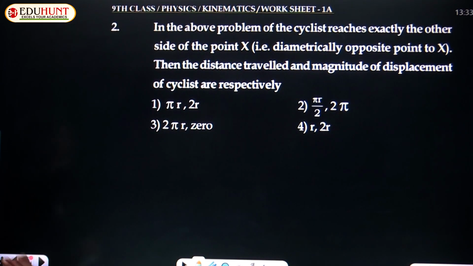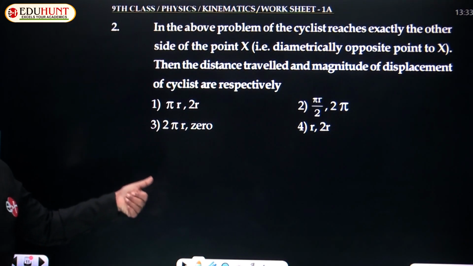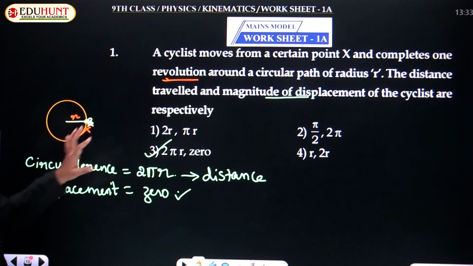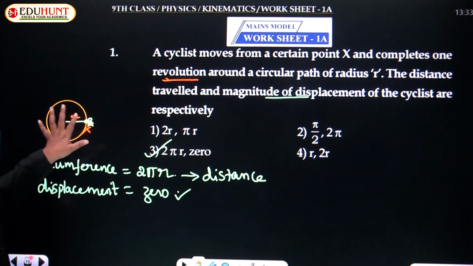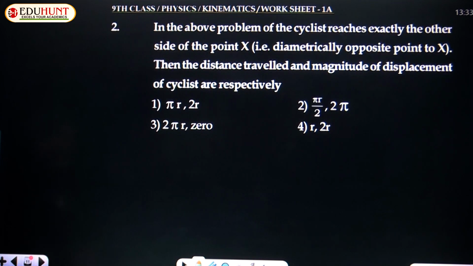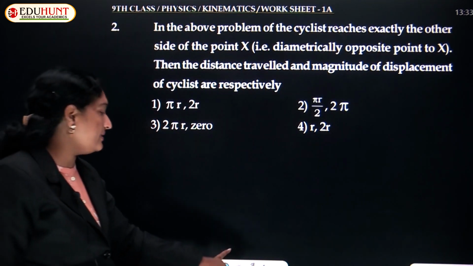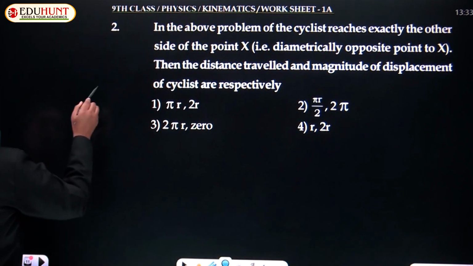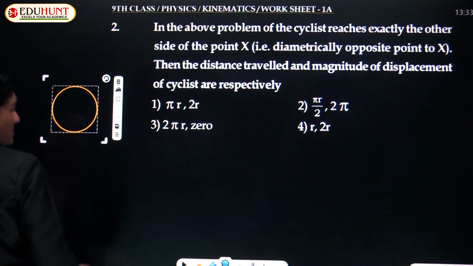Moving ahead with the next question, second one: in the above problem. So the next question is also related to the same problem, person revolving in a circle. The cyclist reaches exactly the other side of the point X. So here is the circle.